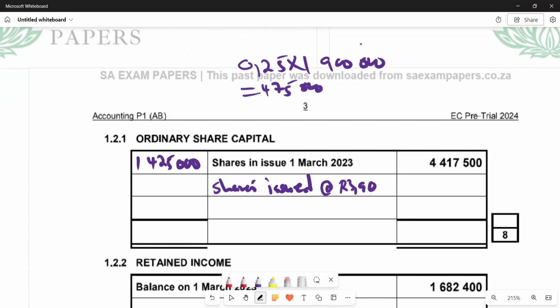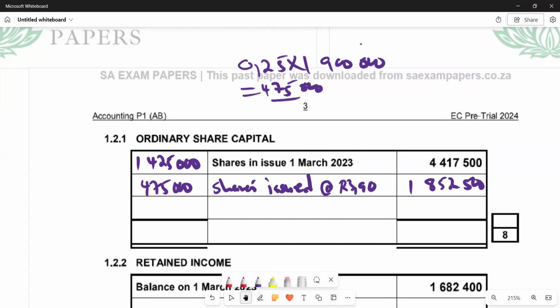So this represents the number of shares that were issued. Here we've got 475,000. Then to get the total, we say 475,000 plus 1,425,000, and you get 1,852,500.